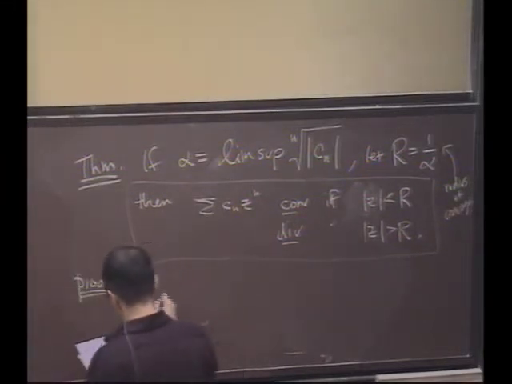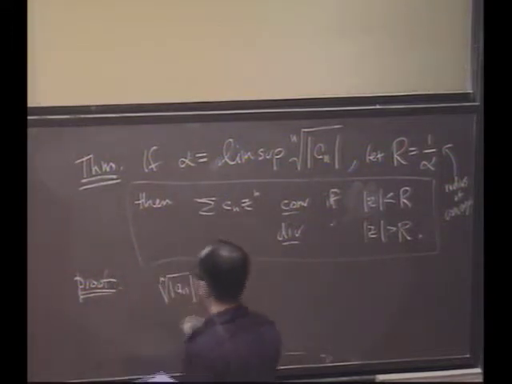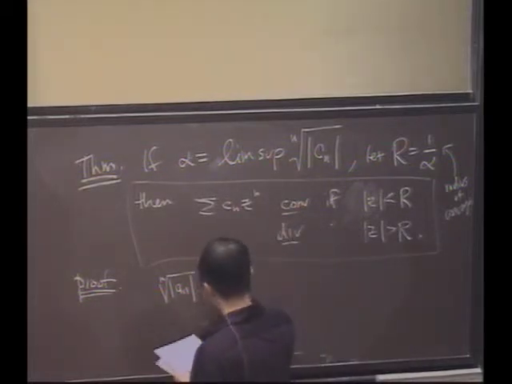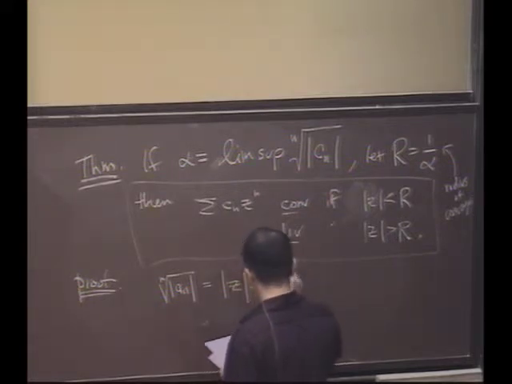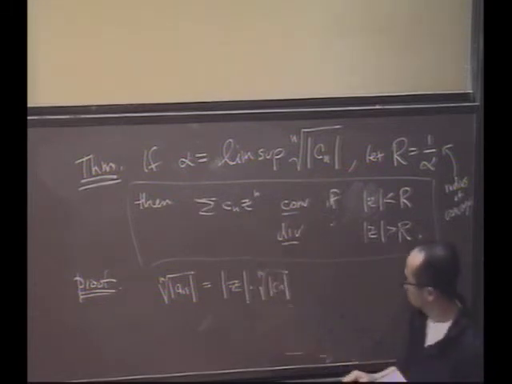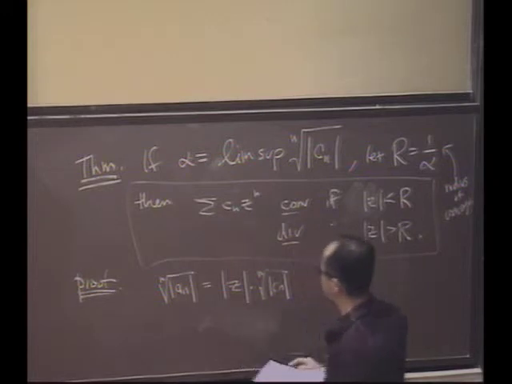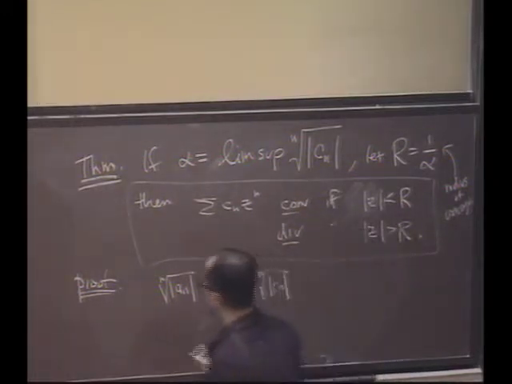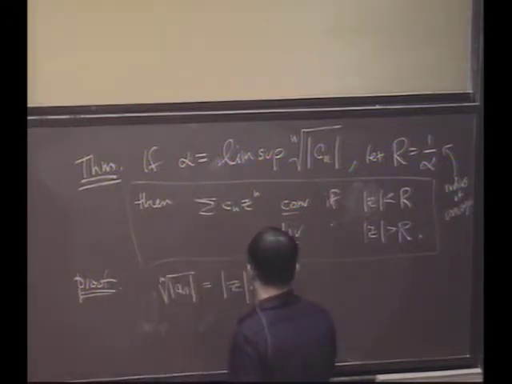And what you find is basically the nth root of a_n, in this case, is z times the nth root of C_n, where a_n is C_n z to the n. And what you're hoping is that the lim sup of this is less than 1, right? So we stick in lim sup here, and I stick in a lim sup here.